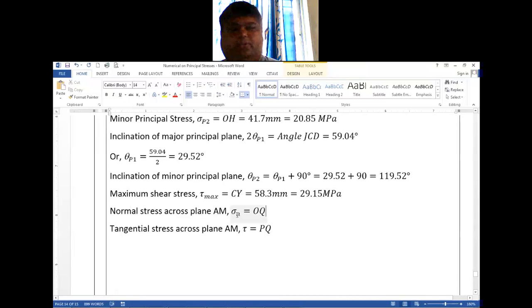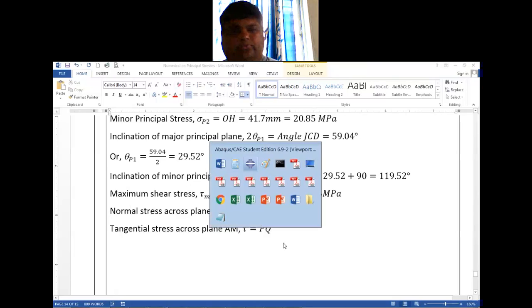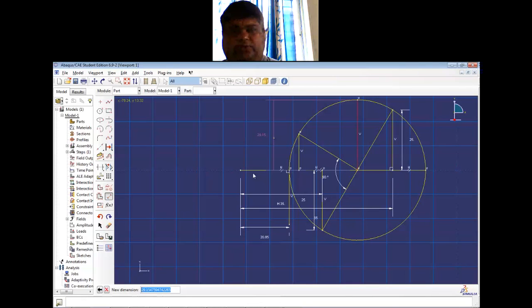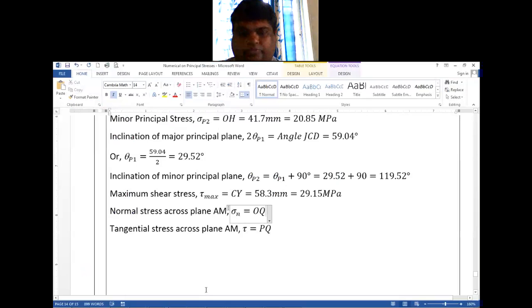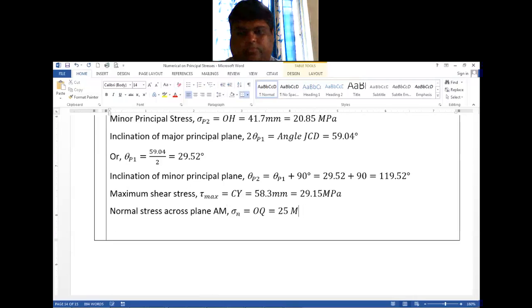Now the normal stresses for Q. So this is Q from here to here. I have to measure the dimension. So from here to here, this is 25.0. 25 megapascal, or it should be 50 mm.